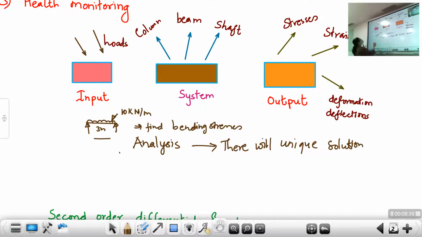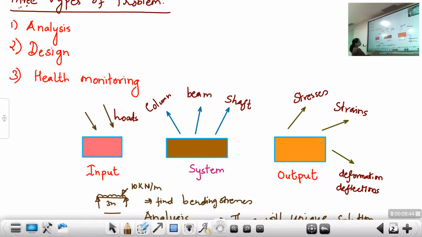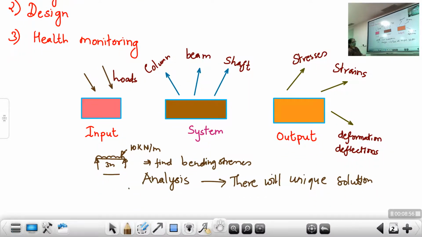Okay, so the second type of problem is the design problem. What do you mean by a design problem? Let us go back to the beam and understand. In a design problem, the system is not known to you.